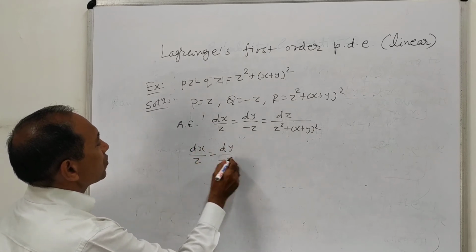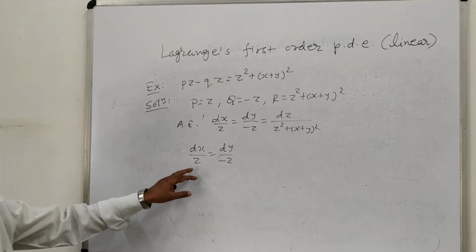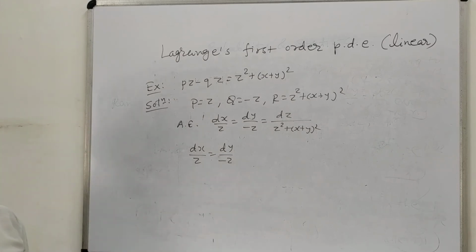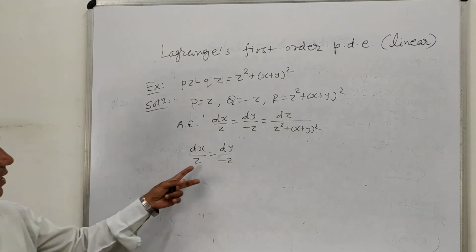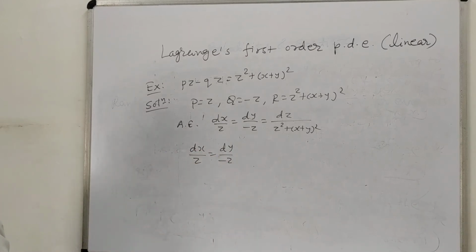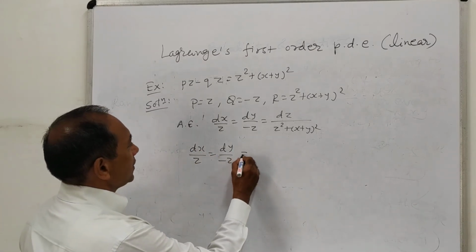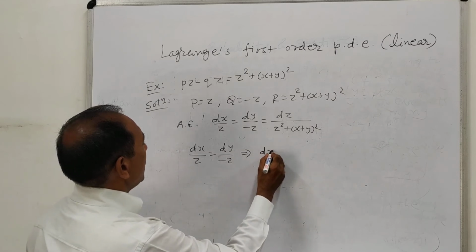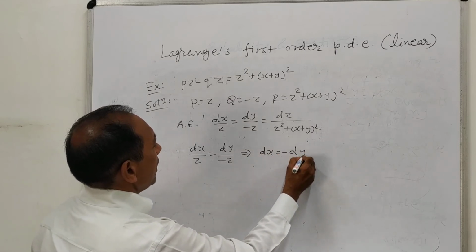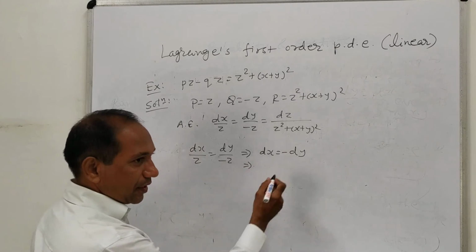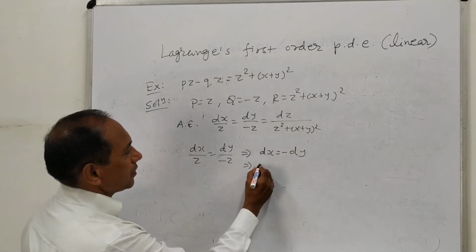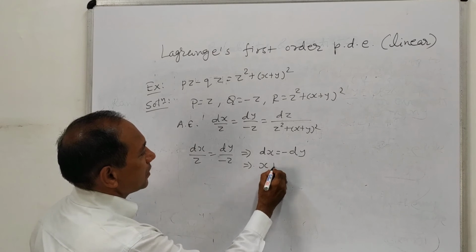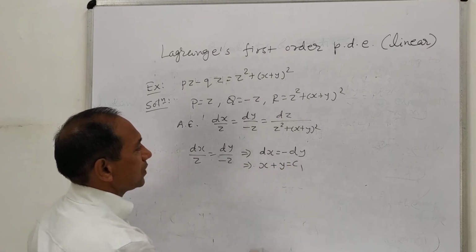Z is involved here, but I have observed that z will be cancelled, so z will not remain. So we have dx equal to minus dy, which is very simple. After integrating, we get x plus y equal to c1. So this is the first solution.